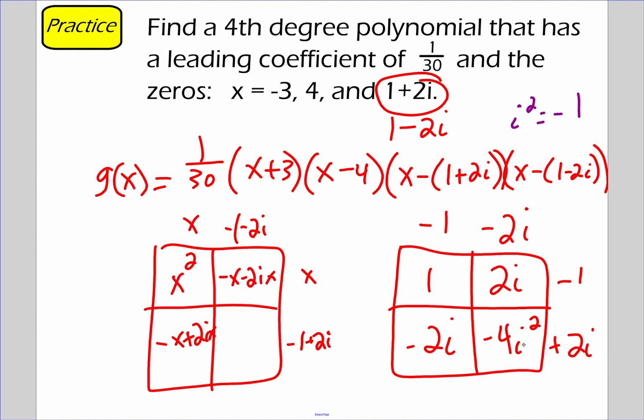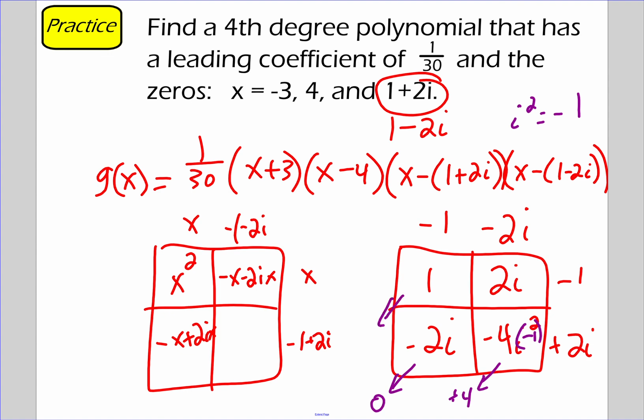Okay, so if this is negative 1, we've got negative 4 times negative 1, which is positive 4. Okay, 2i and negative 2i makes 0. And 1 is 1. So when we add this together, we get that the product of these two conjugates is just positive 5.